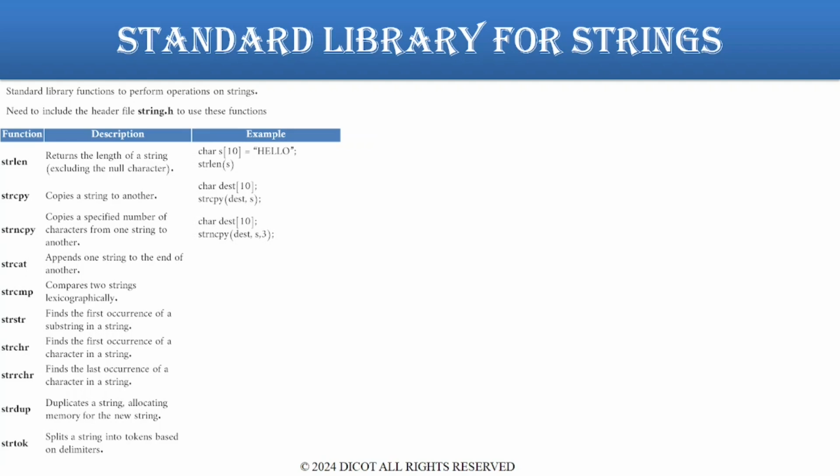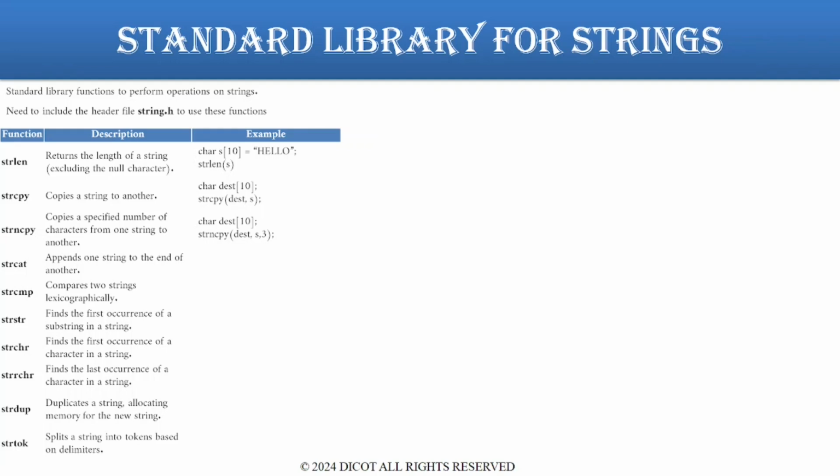It accepts three arguments: the destination string as the first argument, the source string as the second argument, and the number of characters to be copied from the source to the destination as the third argument. strncpy will copy three characters of string s to the string dest in this case.